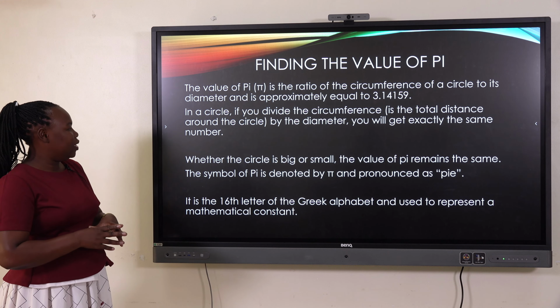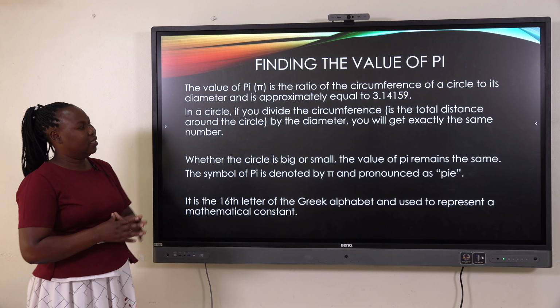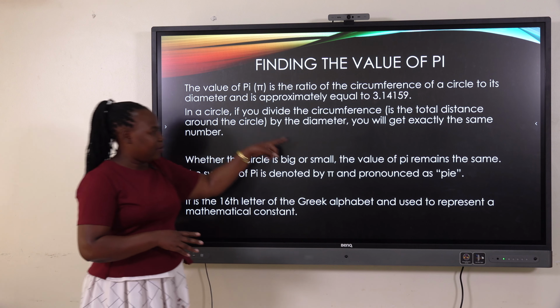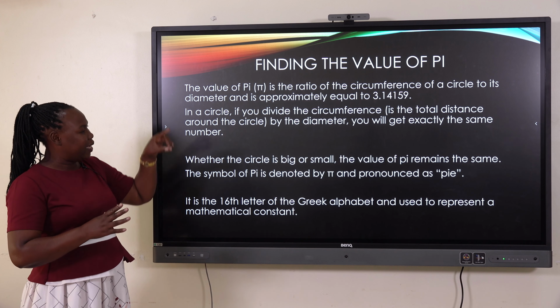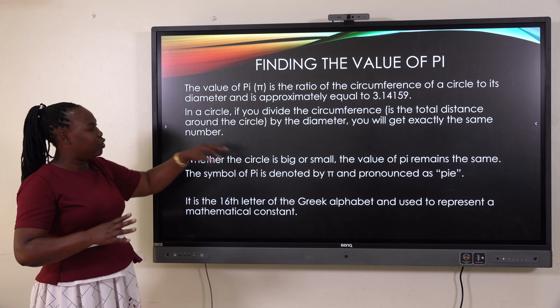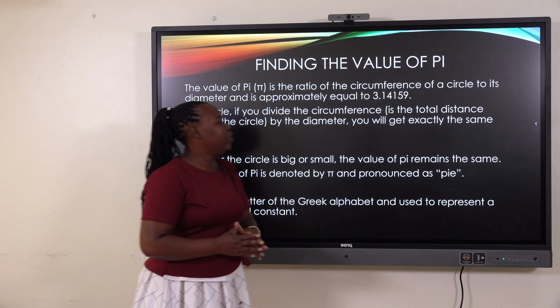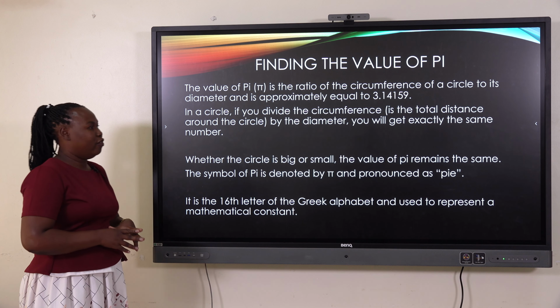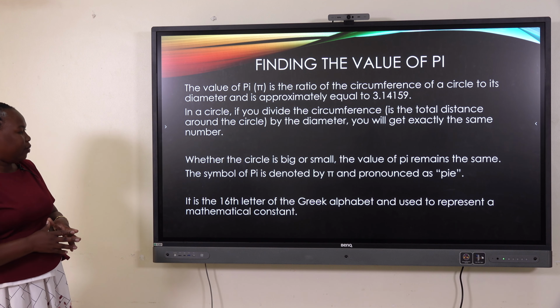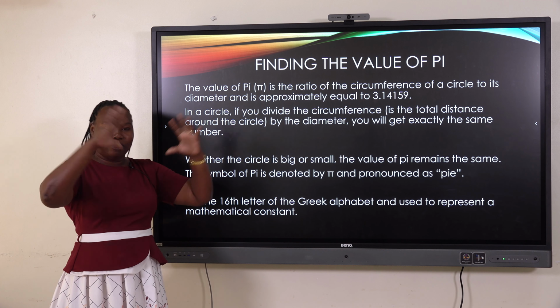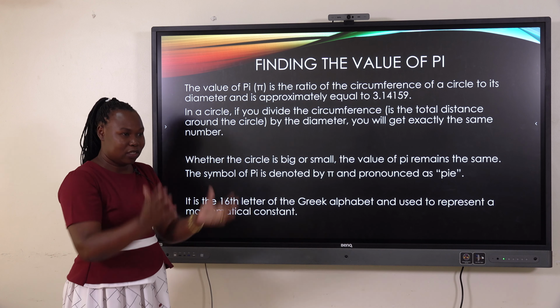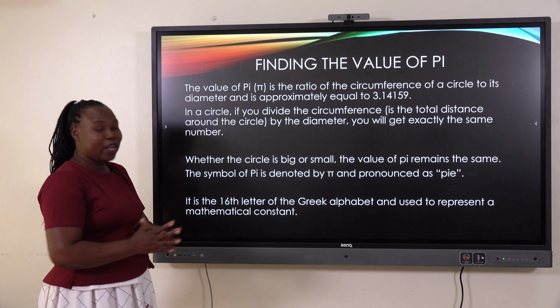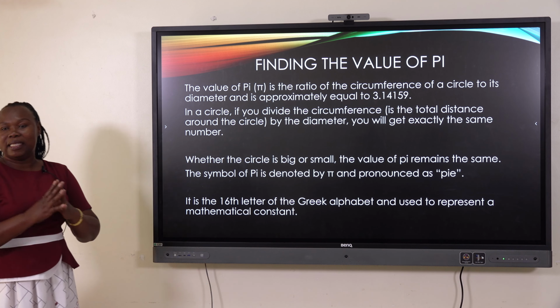In a circle, if you divide the circumference by the diameter, you will get exactly the same value, 3.14159. Whether the circle is big or small, the value of pi always remains the same.